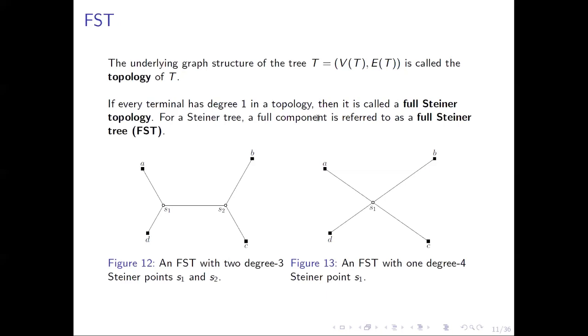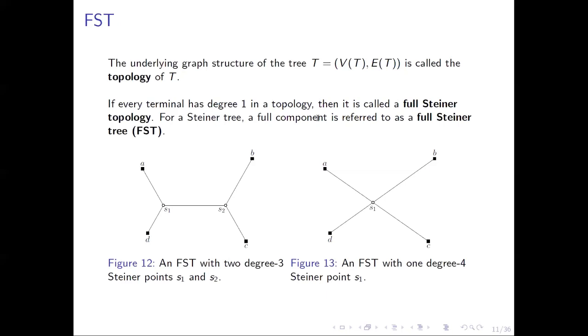I've shown 2 examples of FSTs here. One has 2 degree 3 Steiner points, S1 and S2. This one has a single degree 4 Steiner point. But they're both FSTs because every terminal, which I've denoted by these black squares as opposed to these open disks, which are the Steiner points, has degree 1. That's why it's an FST, regardless of the number of Steiner points.